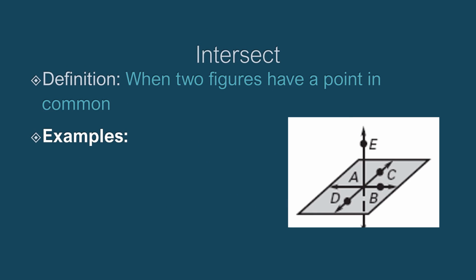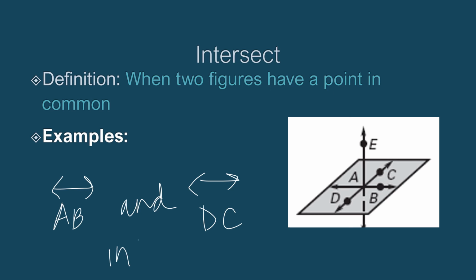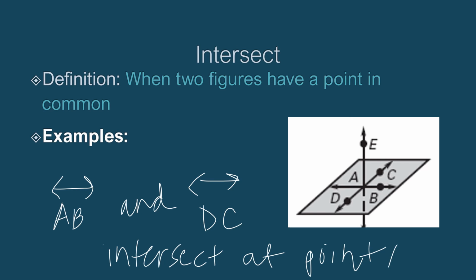Intersect is when two figures have a point in common. Figures are anything. They could be shapes, lines, line segments, rays, anything of that nature. So for this example, I did line AB and line DC, because they intersect at point A. And it's important to write that intersection point as well.